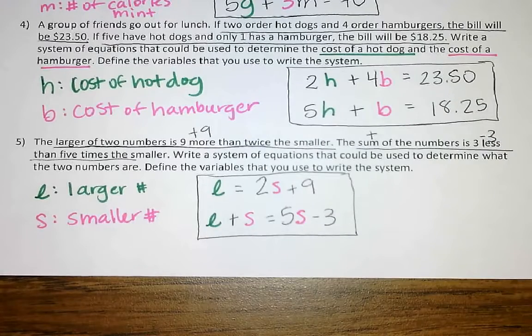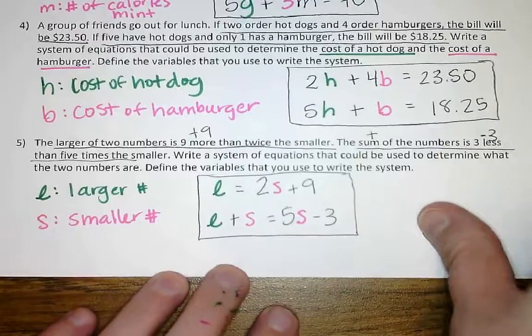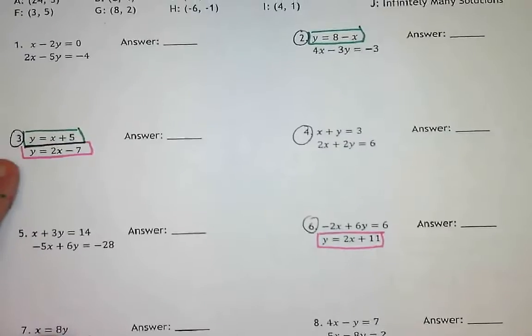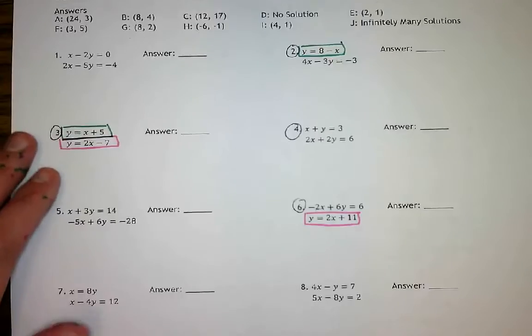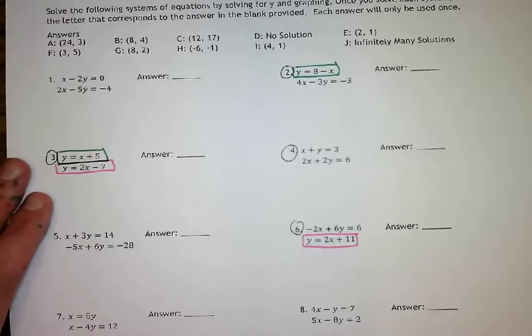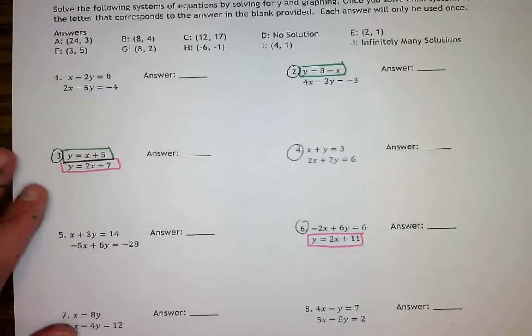All right. Now, what I want you guys to do real quick is flip your paper over. On this back side, guys, I'm not taking this up for homework, but this is really good practice. I want you to circle 2, 3, 4, 6, and 9.